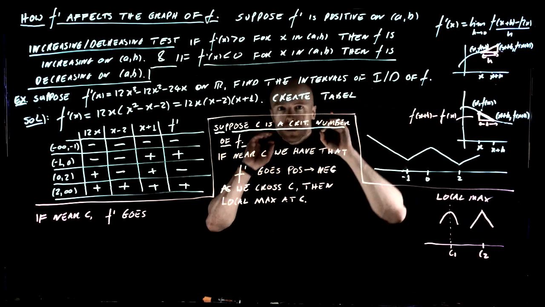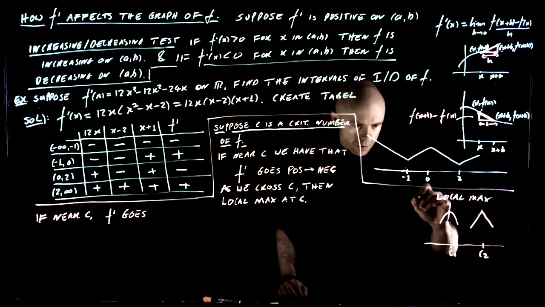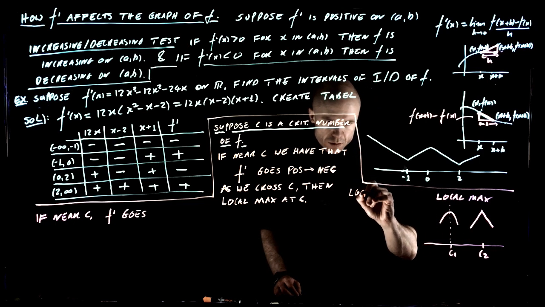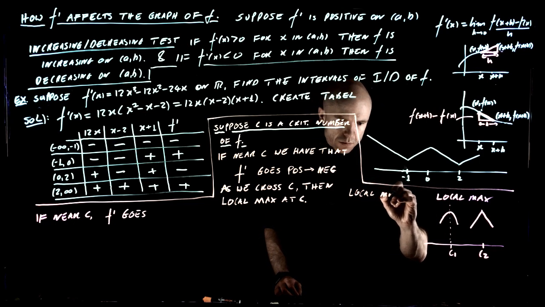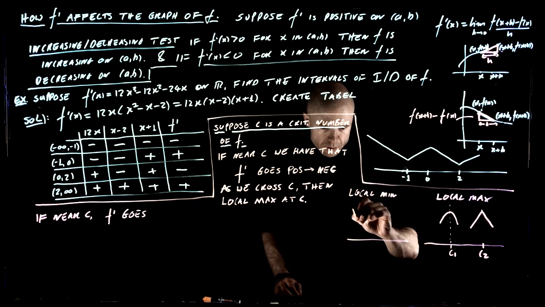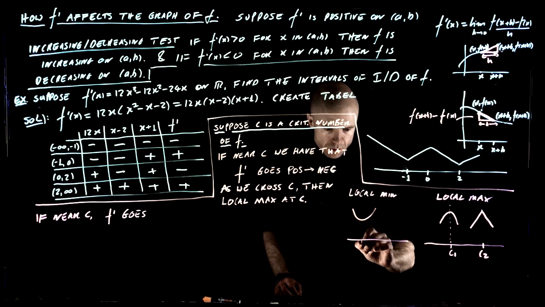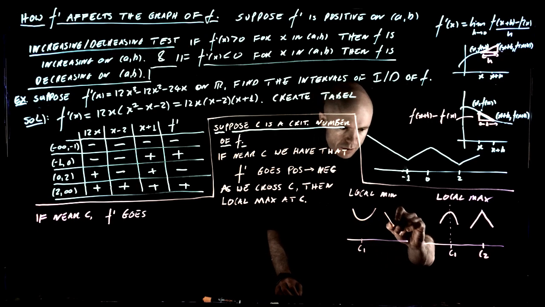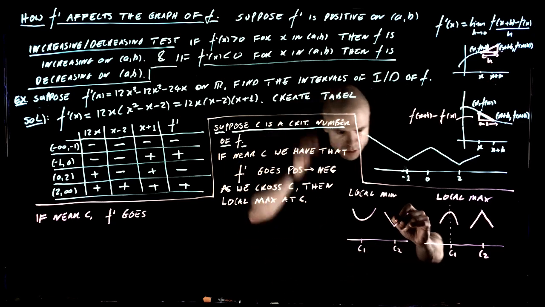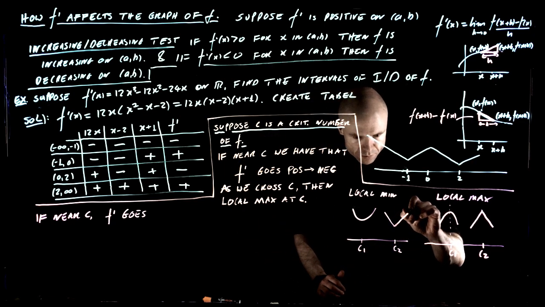Let's figure out what we have when we have a local minimum. What does that look like? Well, it's either something like this, or perhaps there's a sharp point like this. Yeah? That's a local min.